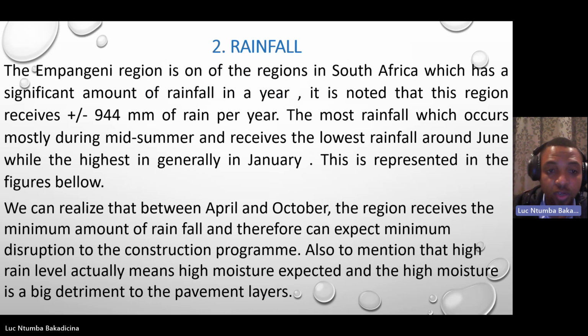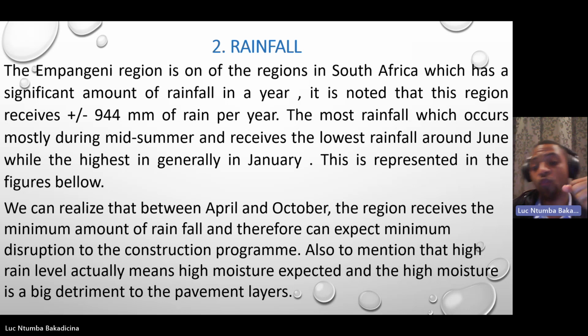The Mpangeni region is a region in South Africa with a significant amount of rainfall. We spoke about climate, now we go into rainfall.